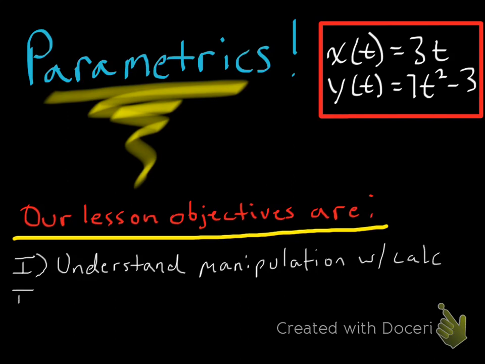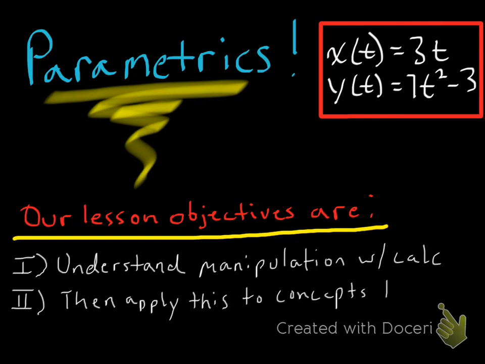And then we can take this knowledge and apply it to some very interesting concepts, which hold a lot of real-world merit in terms of particle movement, in terms of concepts such as acceleration, velocity, speed, displacement, all sorts of things along those lines.